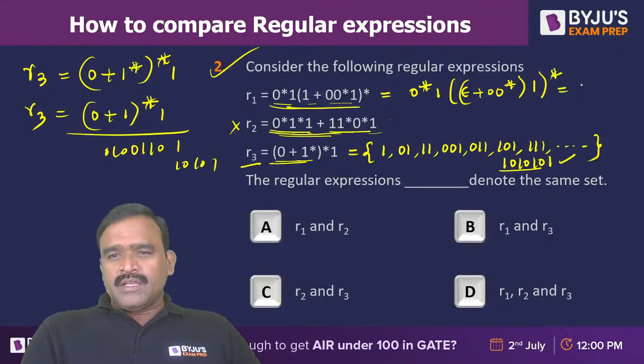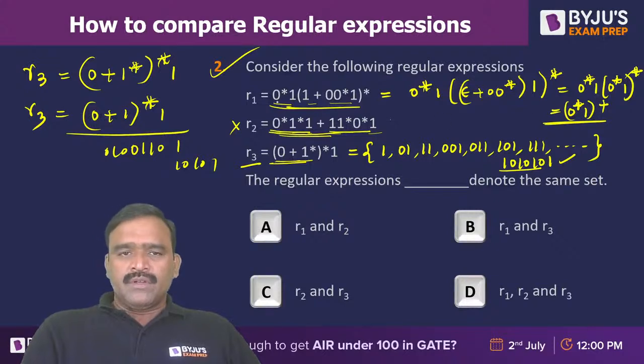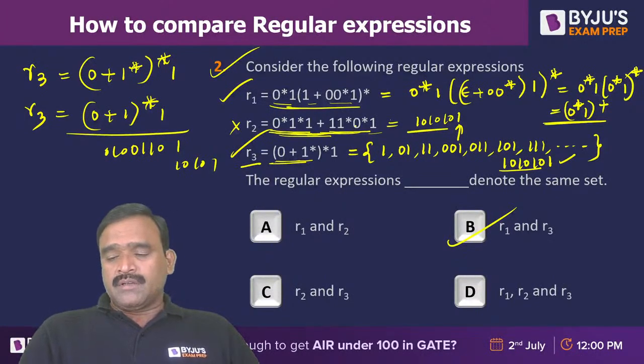So this can be written as 0 star 1 followed by (0 star 1) whole star. So this is nothing but (0 star 1) whole plus. (0 star 1) whole plus is nothing but all combinations of zeros and ones ending with 1. So R1 and R3 are the same. But in R2, we don't get all strings ending with 1. For example, 1 0 1 0 1 0 1 is ending with 1, but this type of strings is not present here.